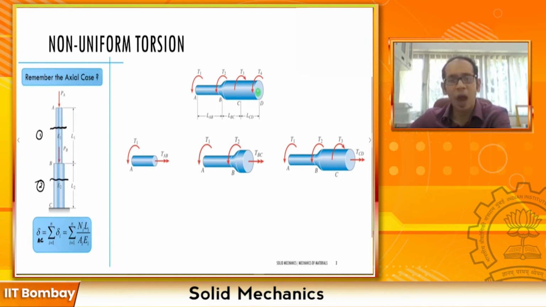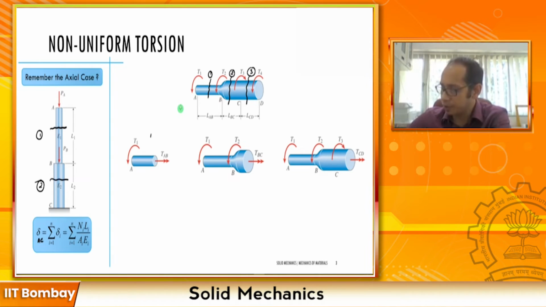How are we going to solve it? Exactly in a similar fashion. In between the discontinuities, I can cut the sections, so I will have 3 sections: the first one, second one, third one.